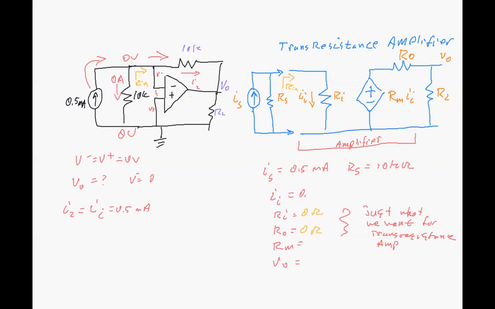That's the current flowing in, because there's 0 current flowing in here. So that means that Ii has to be perfectly equal to 0.5. And this would be equal to V minus minus Vout over R2, that feedback resistor. And V minus is equal to 0.